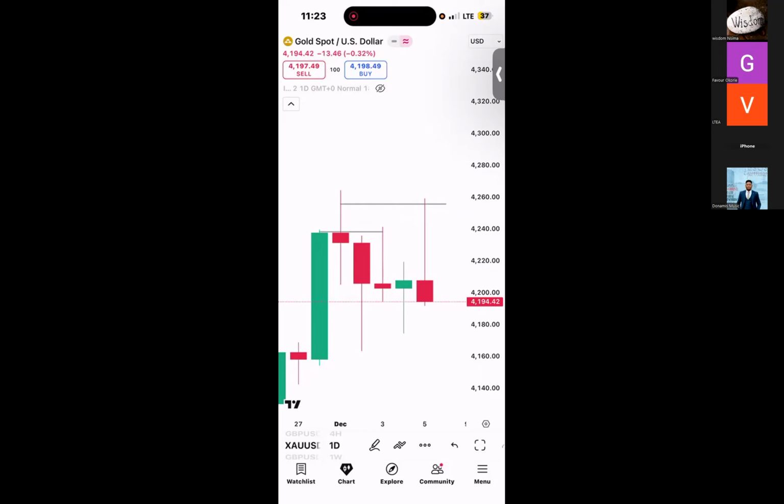Now, it failed to close below that long red candle. It also tells us that price wants to go higher. This is how price engineers liquidity, looking for liquidity. No direction, but liquidity, up and down before it will make a decision.